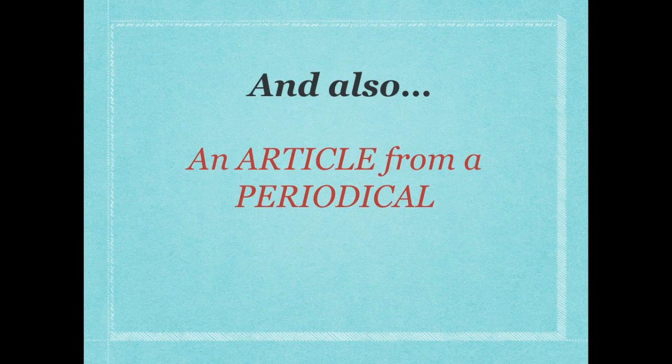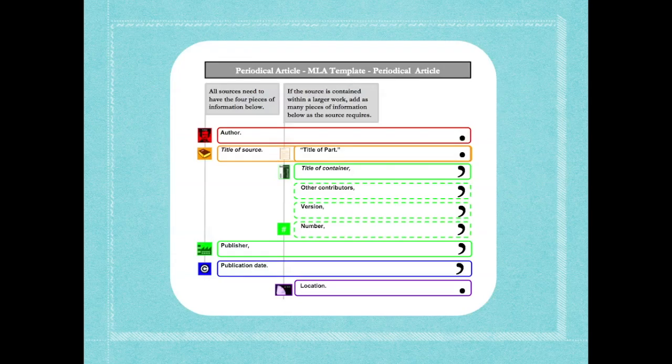Now an article from a periodical. For this one, very similar. However, you are most likely going to need the numbers of that journal. So volume number and issue number is usually how it goes.